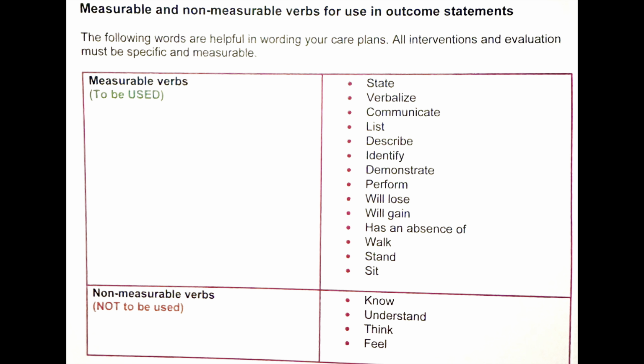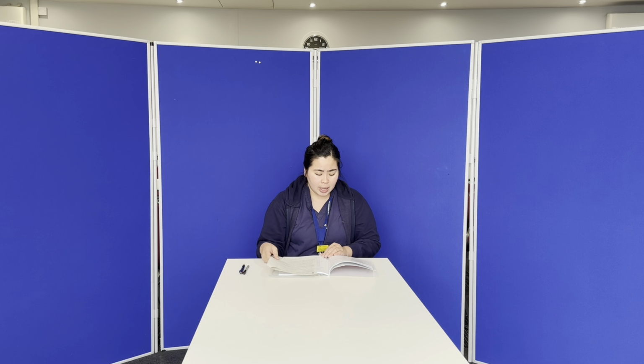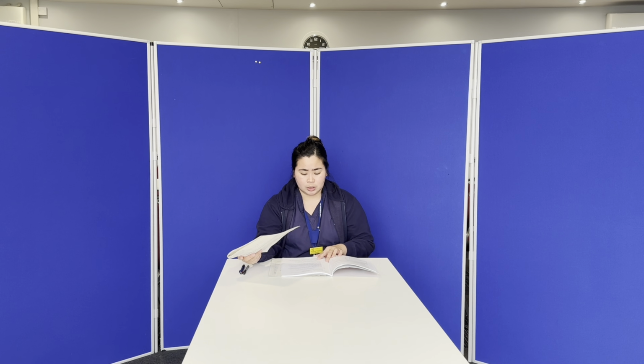Avoid using non-measurable verbs like know, understand, think, and feel. Because why? You cannot measure them. How will you be able to evaluate if the patient know, understand, think? If you could phrase that in a very clear sentence, that's fine. But as a top tip, we rather use measurable verbs than non-measurable verbs.